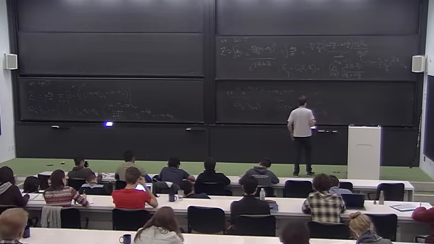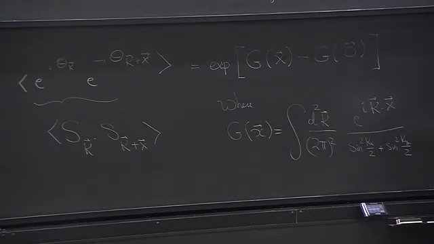And I'm sorry, so there is a mistake here, which is I forgot the beta J, the normalization. So with this normalization, the propagator is, one second.